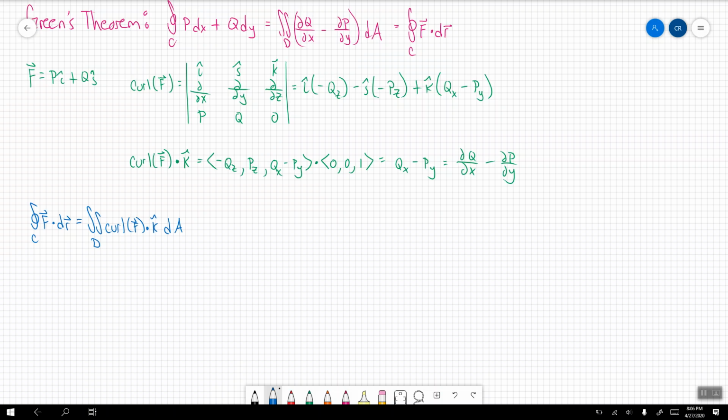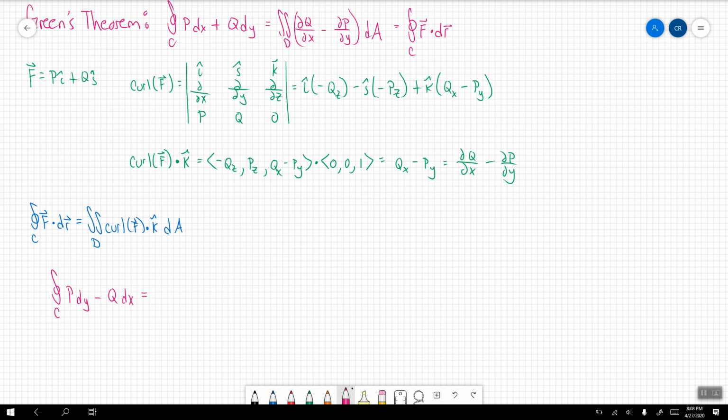Well, when we start looking at Green's theorem, I'm going to be looking at this particular case. The line integral over a curve, and I'm going to use the exact properties that we were working with earlier. So I'm going to use this P. In this case, it's going to be P dy minus Q dx, like such.